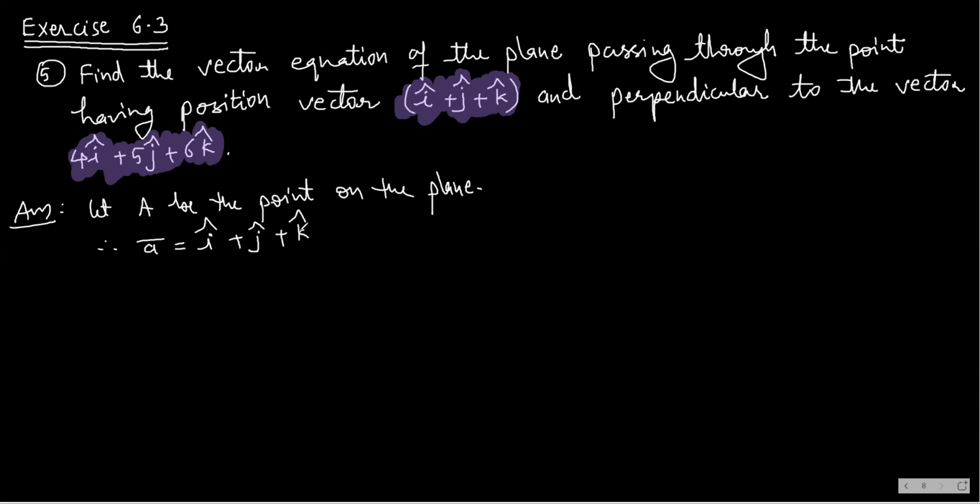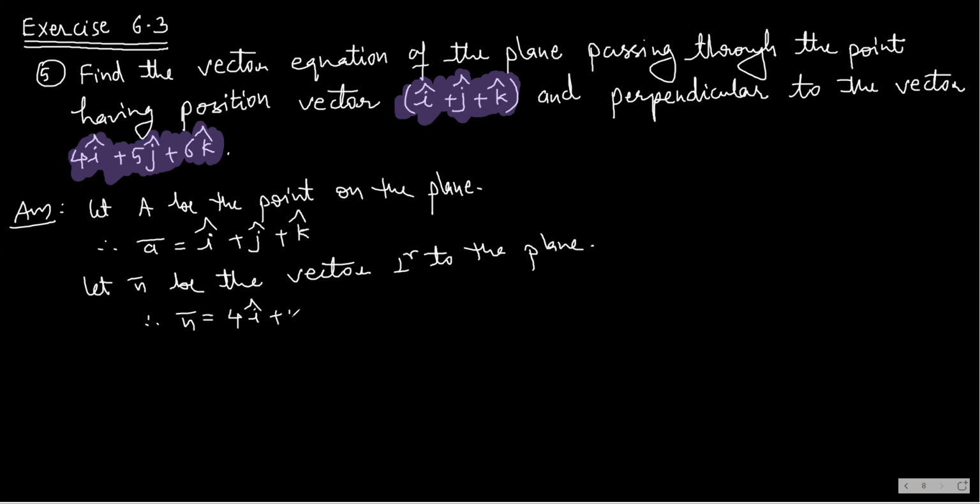Next, let n bar be the vector perpendicular to the plane. So therefore n bar equals 4I cap plus 5J cap plus 6K cap.